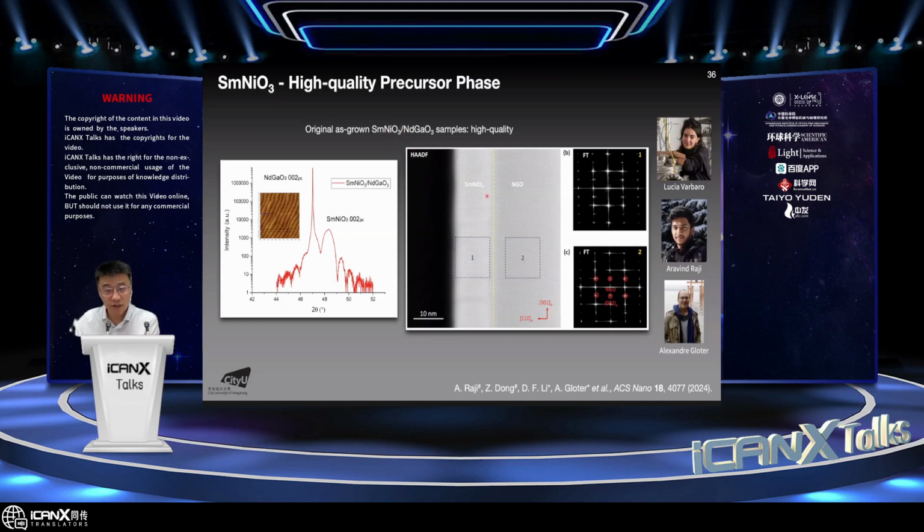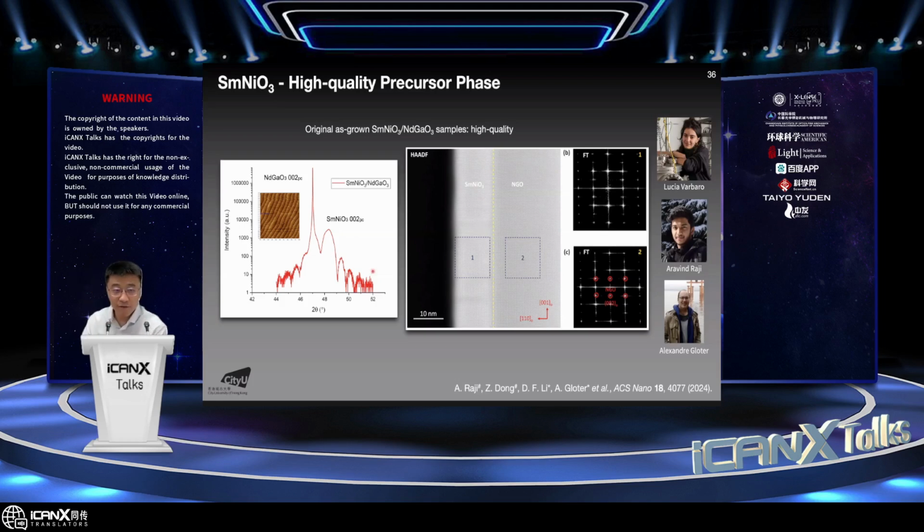So you can see from this cross-sectional scanning transmission electron microscopy that this material grows very beautifully on the substrate. Right? You barely find defects in the thin films. And this is also marked in the X-ray diffraction scans. So we started from these very high quality thin films.